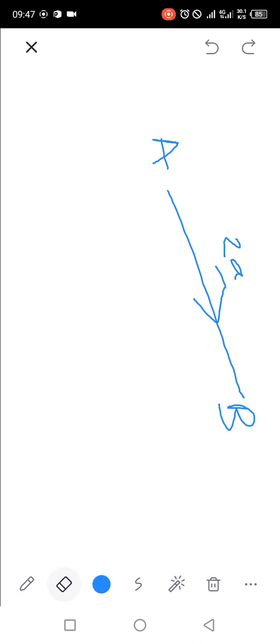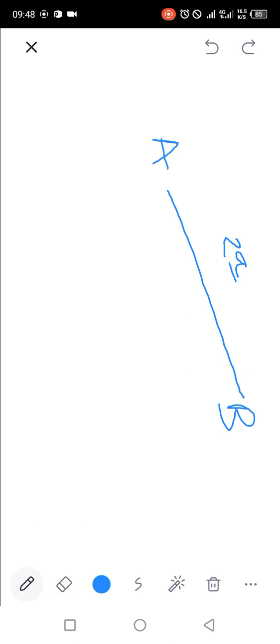So speaking about direction, we are saying there is positive direction and negative direction. When you hear positive, it means you're moving in the same direction with the arrow.